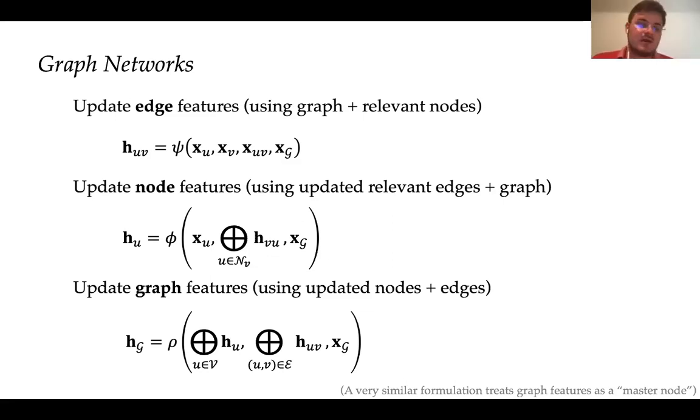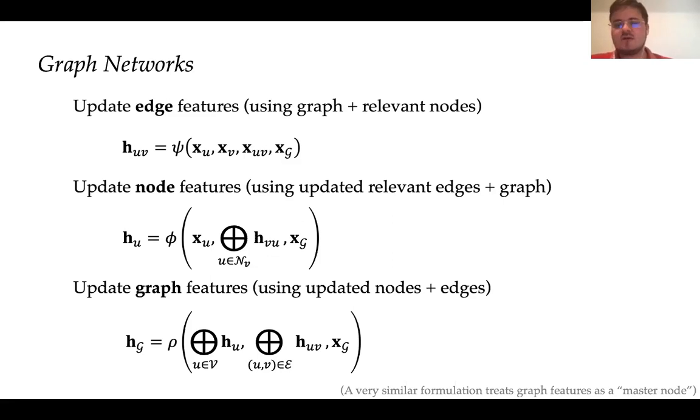And once again, I'm using the skip connection, so HG will depend on XG, but also it will depend on the aggregation of all the node features and the aggregation of all the edge features. Once again, we need to do this in a permutation invariant way, otherwise our entire layer will not be permutation equivariant. And as mentioned already, a very similar formulation which achieves more or less the same outcome is if you don't have the graph features, but you invent an extra master node, which is connected to all of the other nodes.